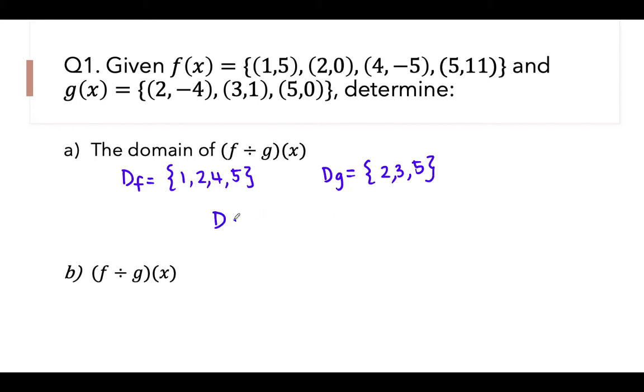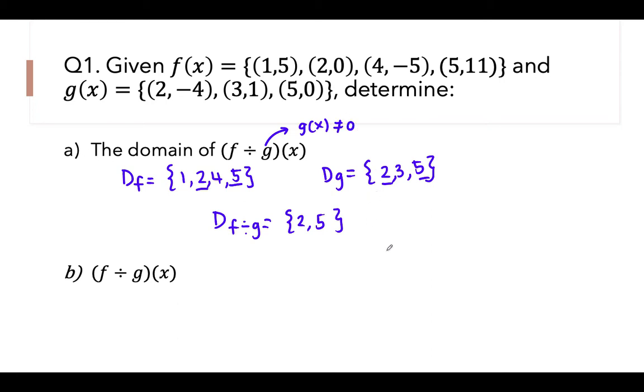Well, the domain for f divided by g is going to be where they intersect. So it looks like 2 overlaps and 5 overlaps. 2 and 5. Now, keep in mind that you want to double check that our denominator g of x cannot be equal to 0.